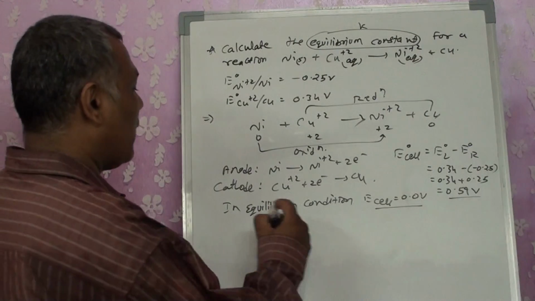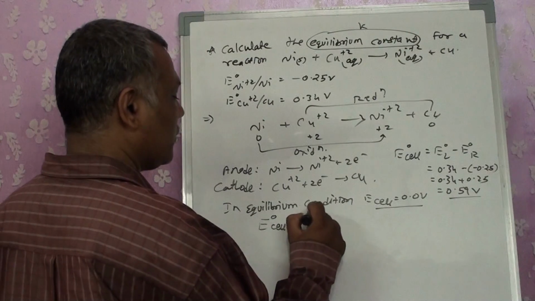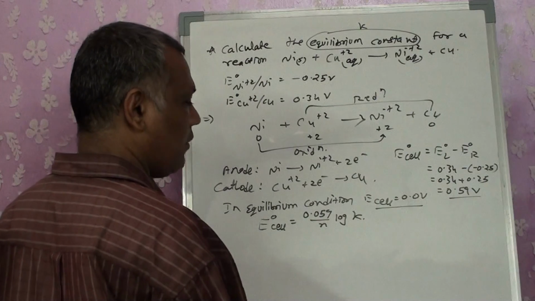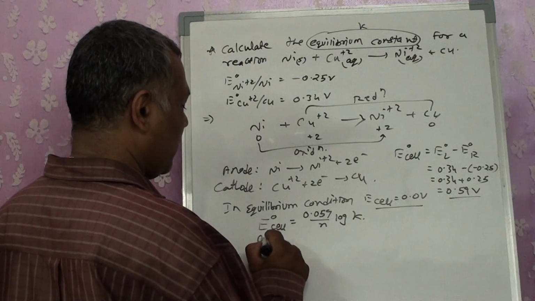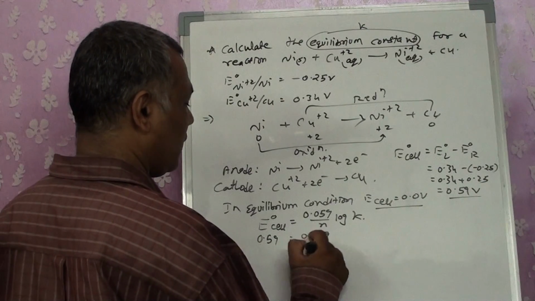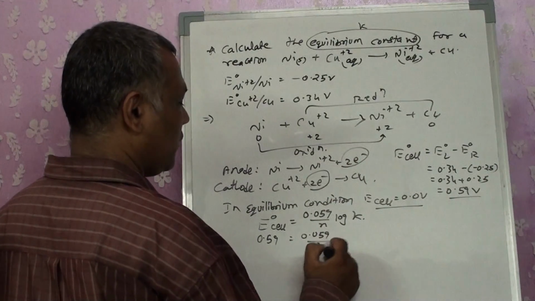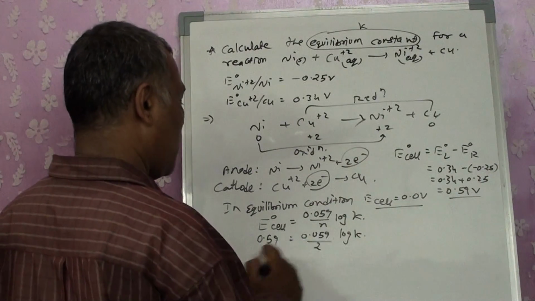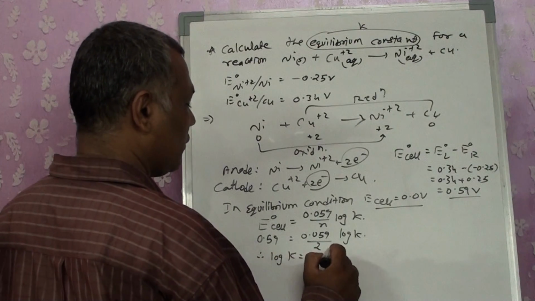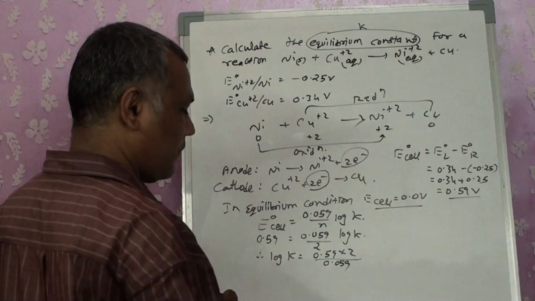So we get the equation: E naught cell equals 0.059 by n log K. With n, the electron transfer during the reaction, being 2, log K equals 0.59 into 2 upon 0.059.